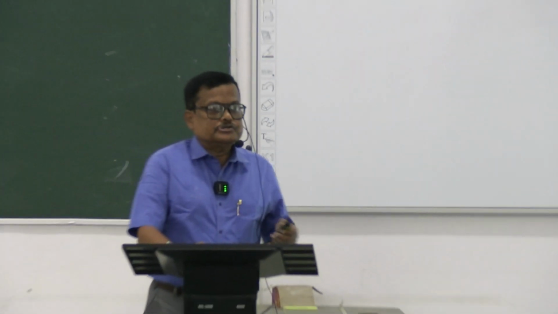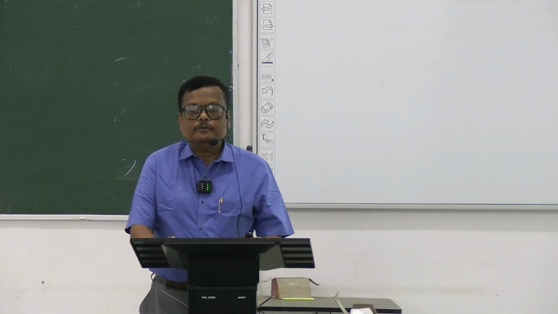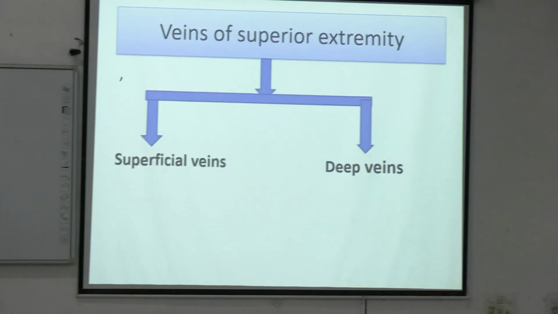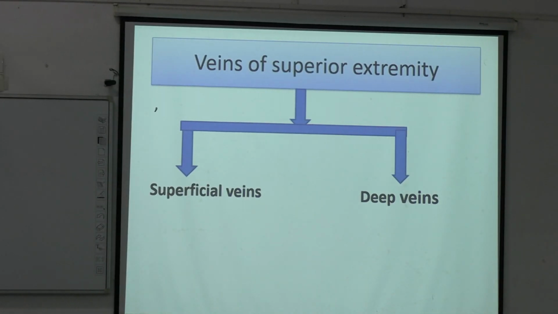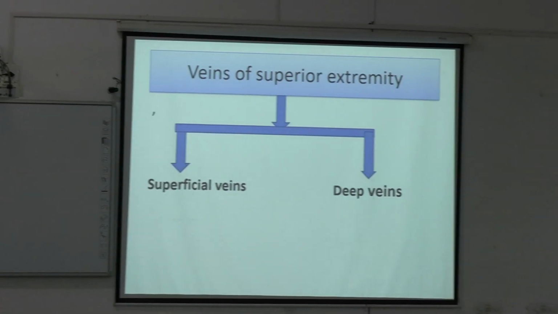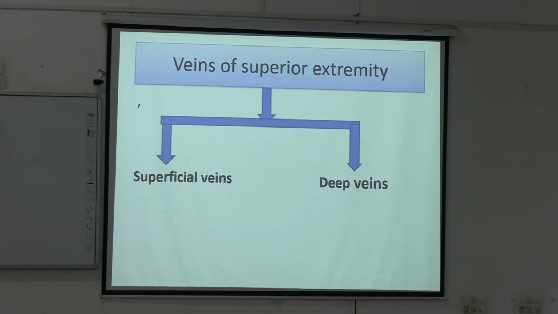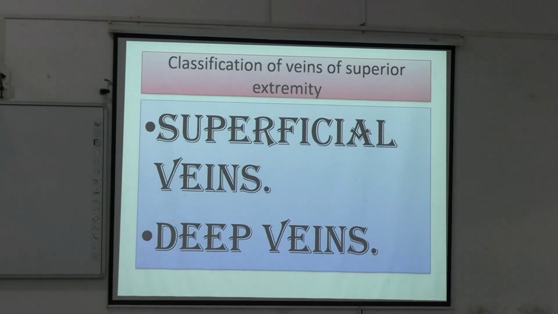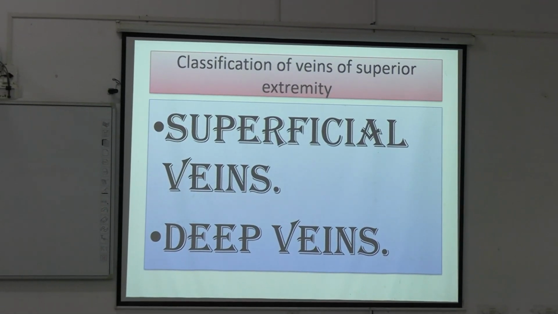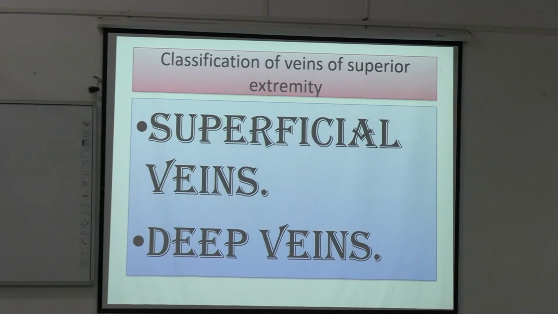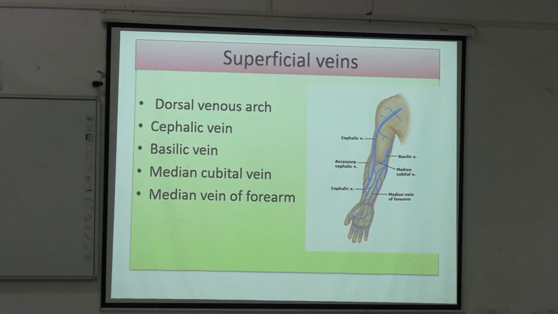So, we now start the veins of the superior extremity. We divide the veins of the superior extremity into two types: superficial veins and deep veins. What are the superficial veins?